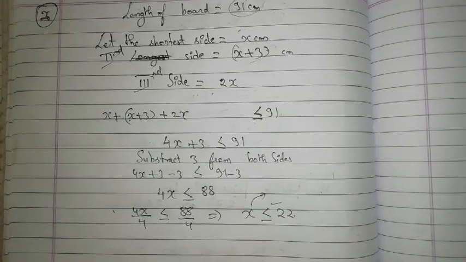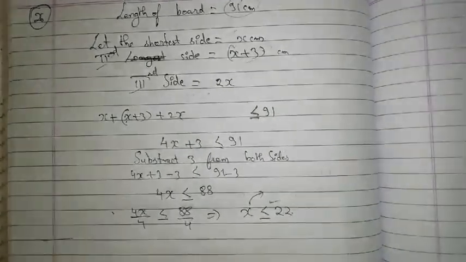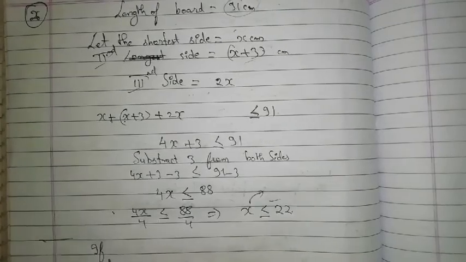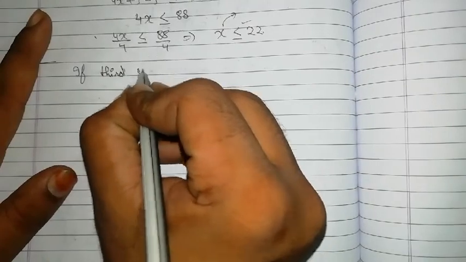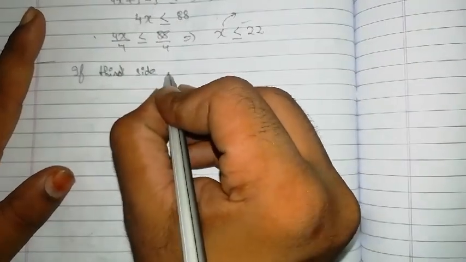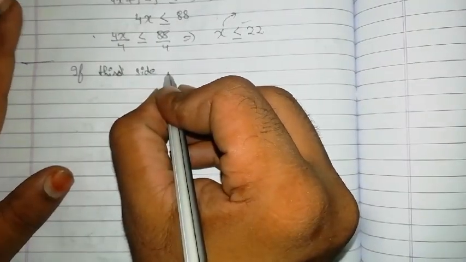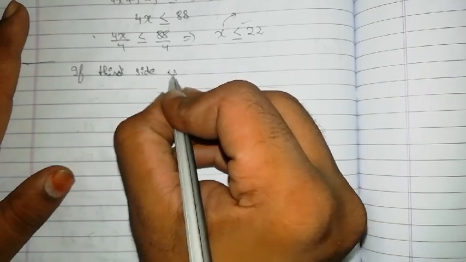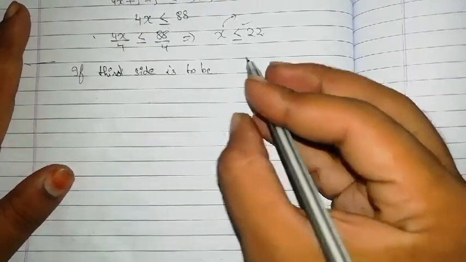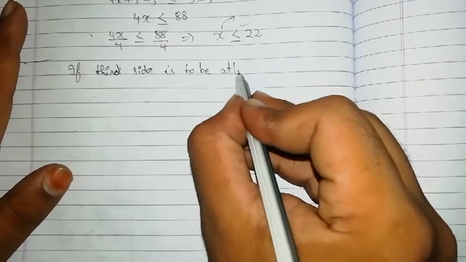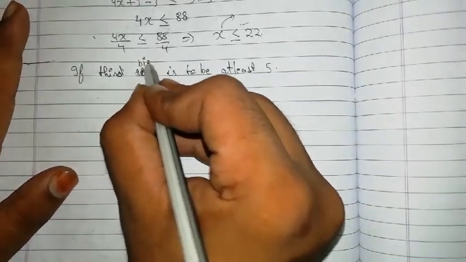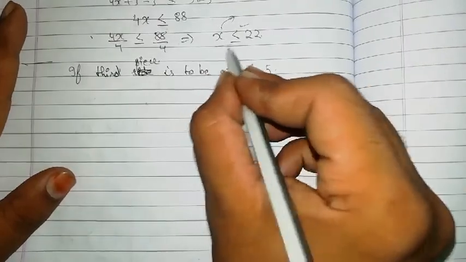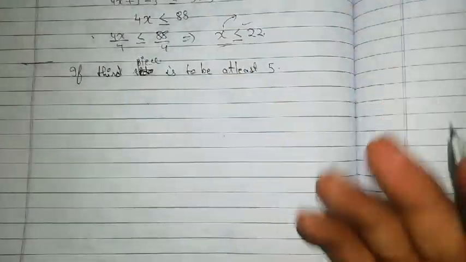Okay, now a condition is given that if the third piece, not side, third piece. Okay, so we will put this value x in the given criterion.